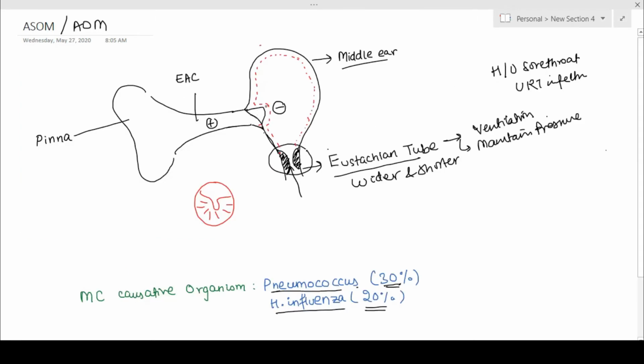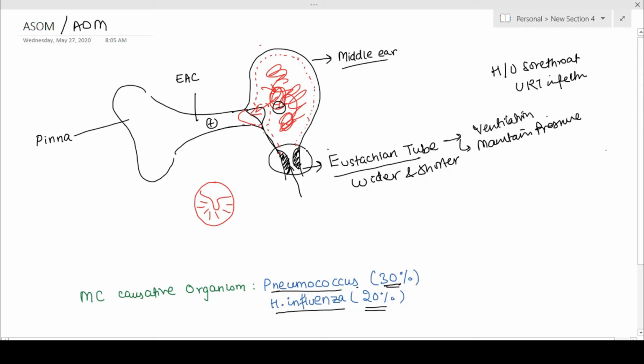Then after some time there is exudation and pus formation in the middle ear cleft. Since there is no way for the pus to drain, as the eustachian tube is blocked, it exerts pressure on the tympanic membrane, and the tympanic membrane bulges out towards the external auditory canal.